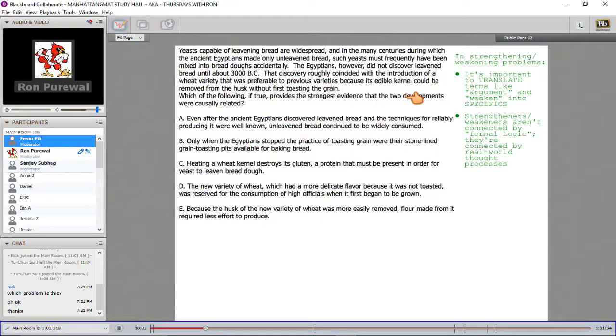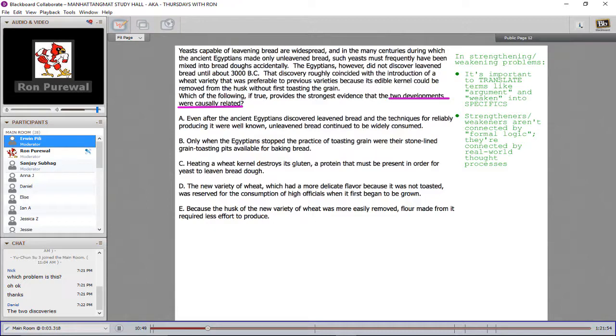What are we trying to correlate here? Okay, we have 2 discoveries, so 2 developments. This is the part that you read first. Notice you read this before you read the passage, right?